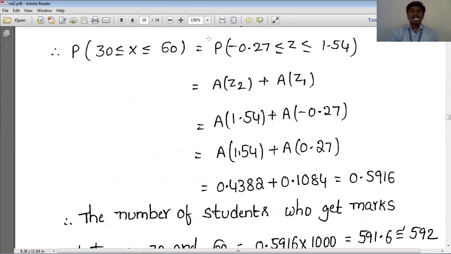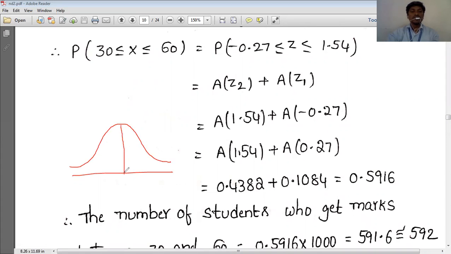Why? Because we already know that the total area under the curve is 1 and that the curve is symmetrical. So this is the normal curve we are choosing, and at x equal to mu, z is equal to 0, and it is symmetrical.